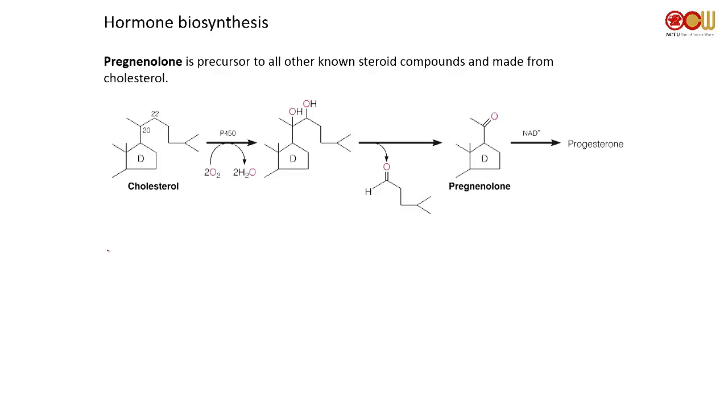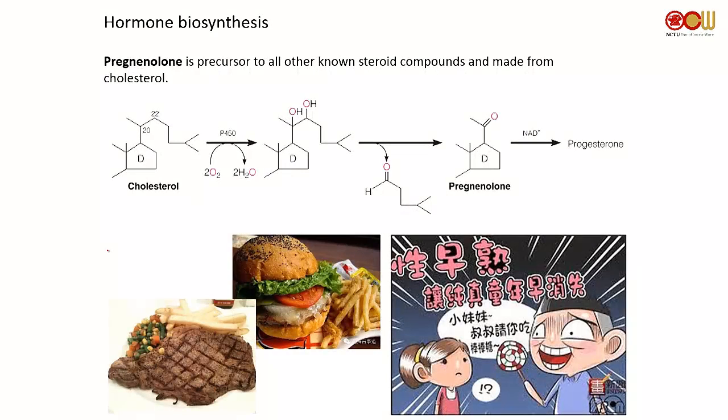But anyways, you get this precursor to all hormones, and this is the precursor that you use to make your sex hormones, like female sex hormone, male sex hormone, and it comes from cholesterol. Which is why a lot of people say you should really stay away from high lipid stuff, especially when you're young.